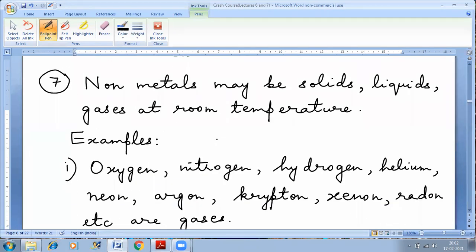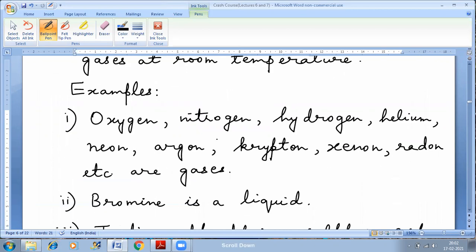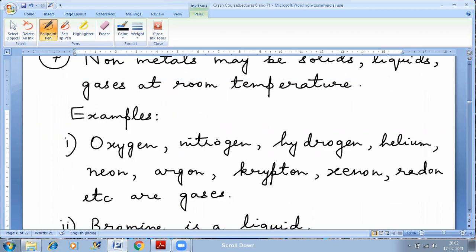Now, this is one important aspect. Non-metals may be solids, they may be liquids or gases at room temperature. So we cannot generalize that all non-metals are liquids or all non-metals are gases. There is only one non-metal that is liquid, right? Bromine, right?